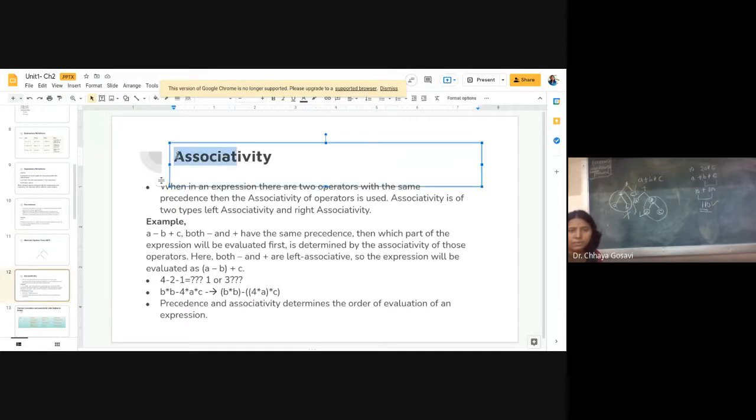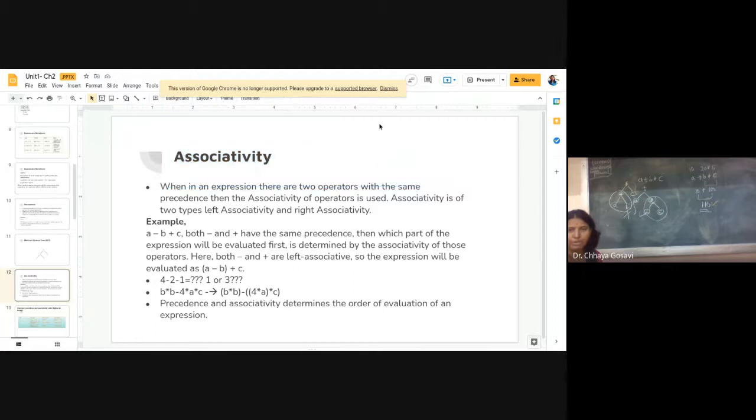The next term is associativity. It is also an important term. What is associativity? Whether to evaluate the expression from left to right or right to left. Almost all operators are left associative. Only the raise to or power operator is right associative.